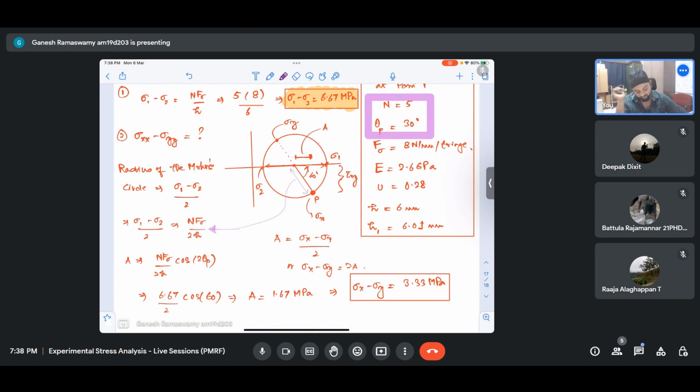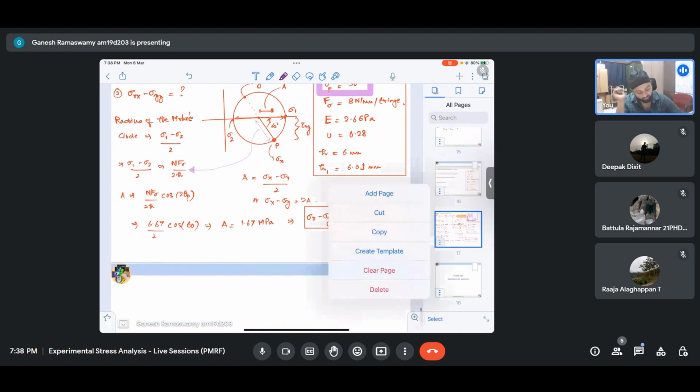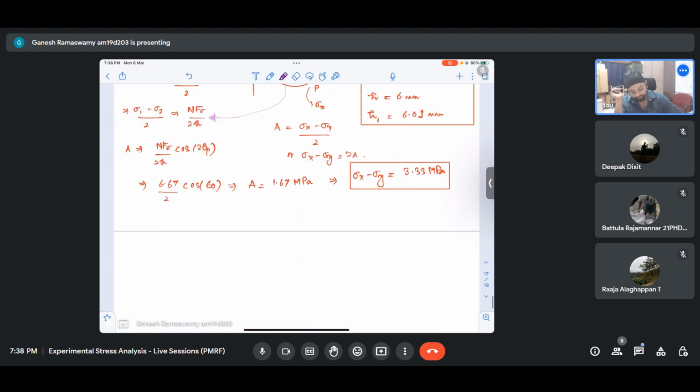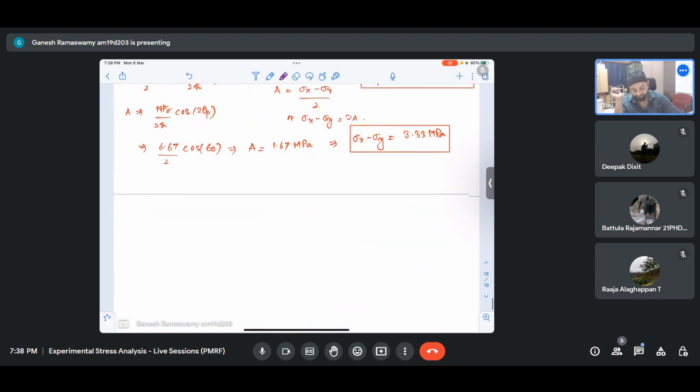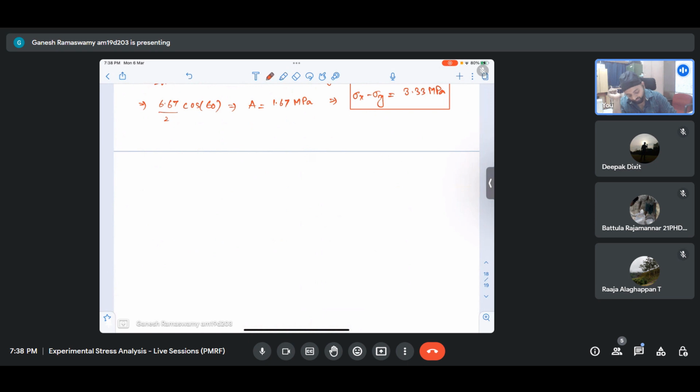In similar vein, can we find out what tau xy is? From the same arguments, we can see that tau xy from that circle is nothing but n f sigma by 2h sine 2 theta p from that triangle. So it is 6.67 by 2 sine 60.